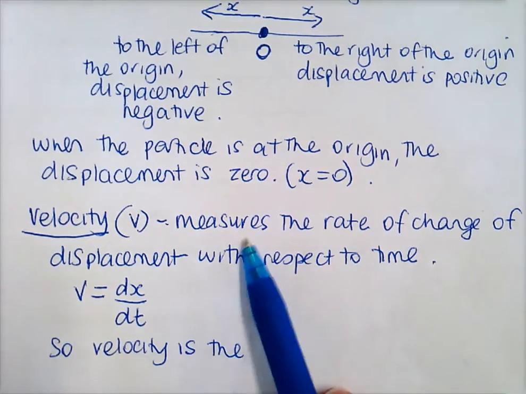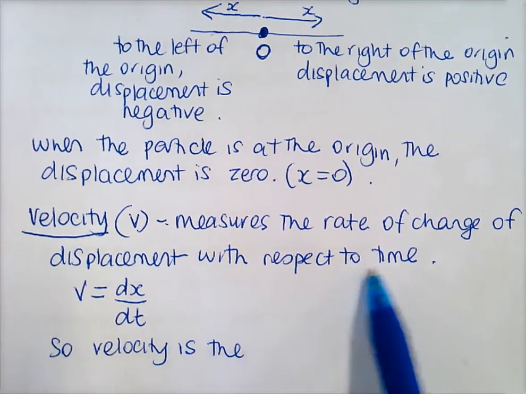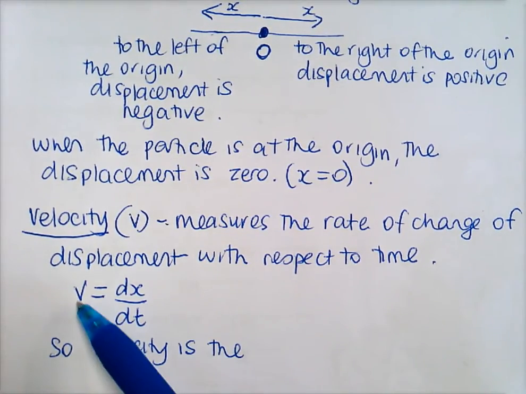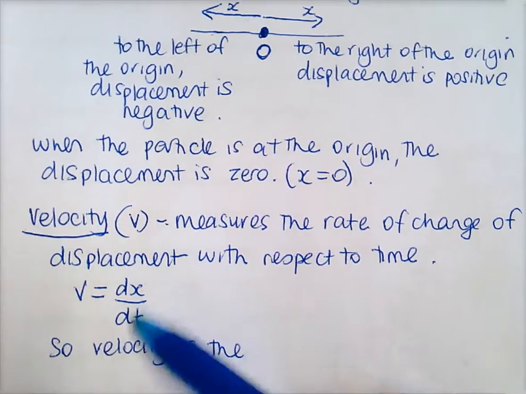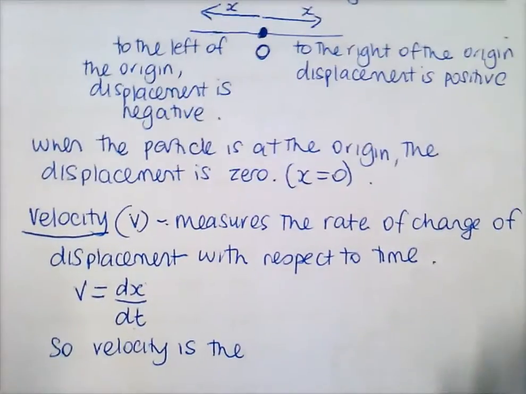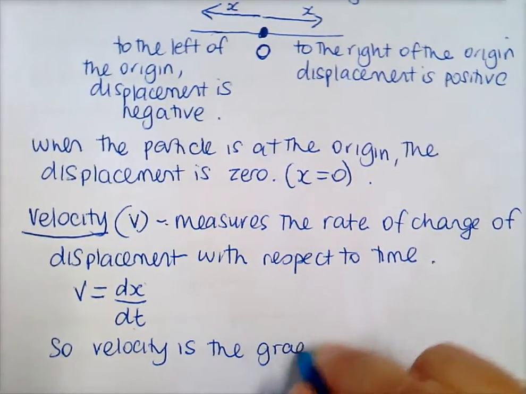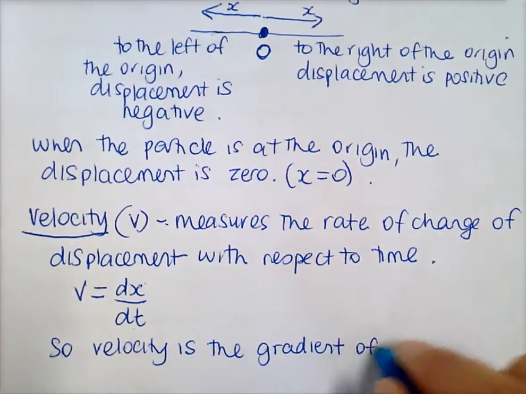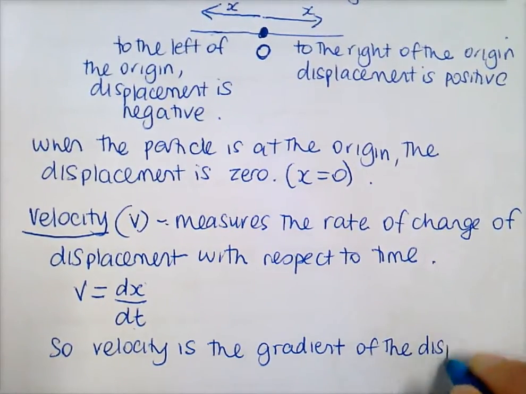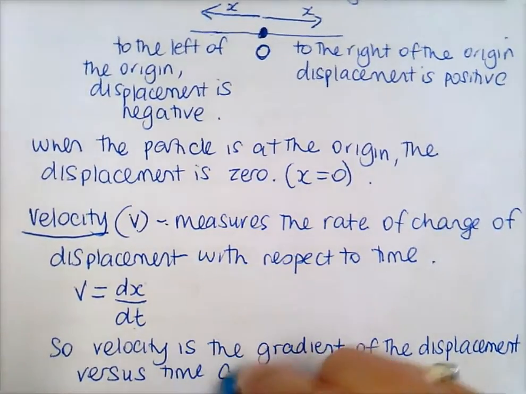Velocity measures the rate of change of displacement with respect to time. So in other words, velocity is dx/dt. Therefore, the velocity is just the gradient. So velocity will be the gradient of the displacement versus time graph.